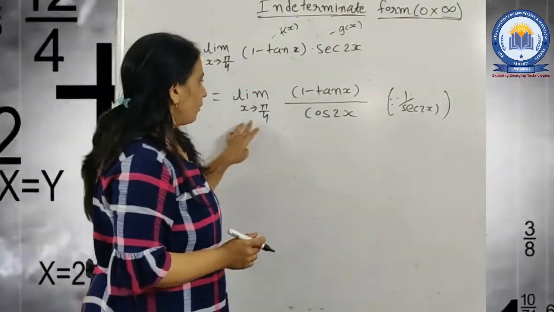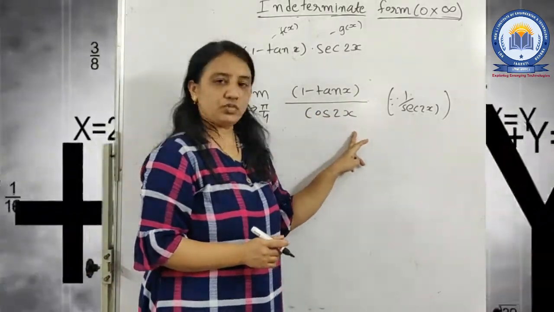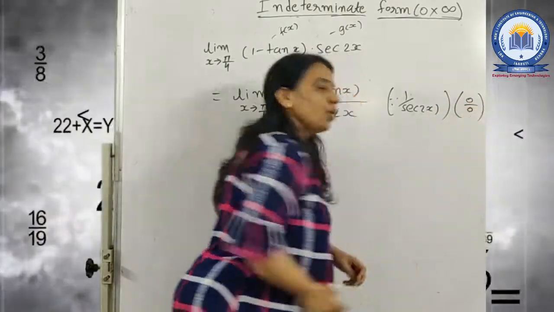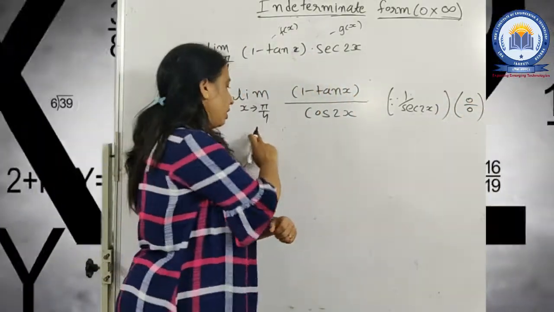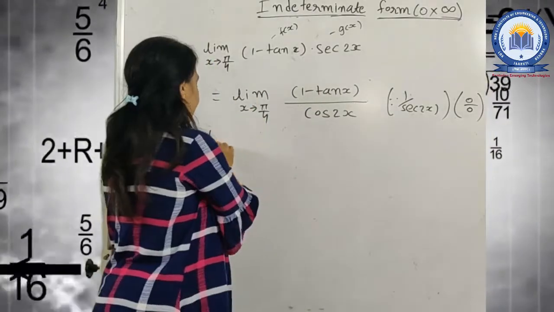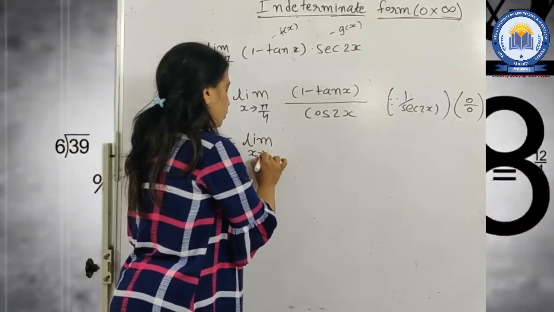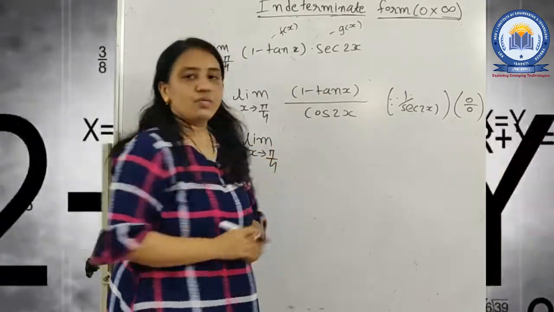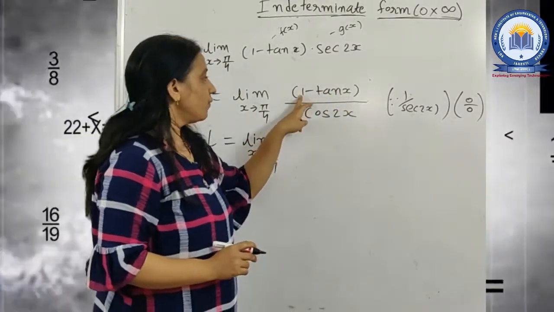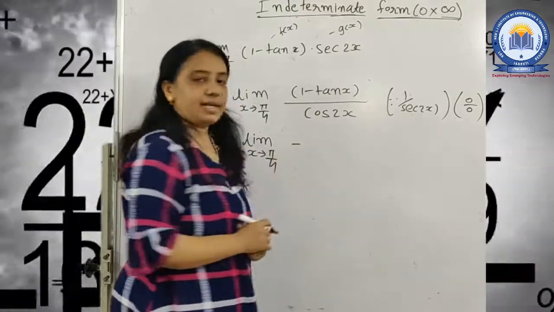Okay. Now if we put pi by 4 here, it will become in which form? 0 by 0. So we can apply L'Hospital rule. So we can write L equal to limit x tends to pi by 4, 1 minus tan x. For 1 the differentiation is 0, minus sign as it is.